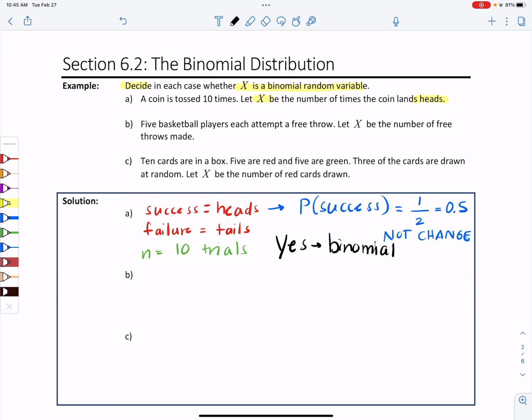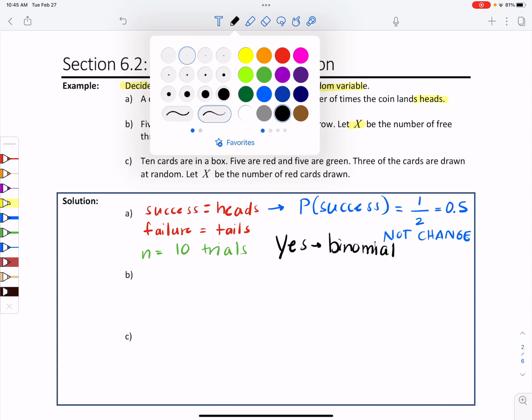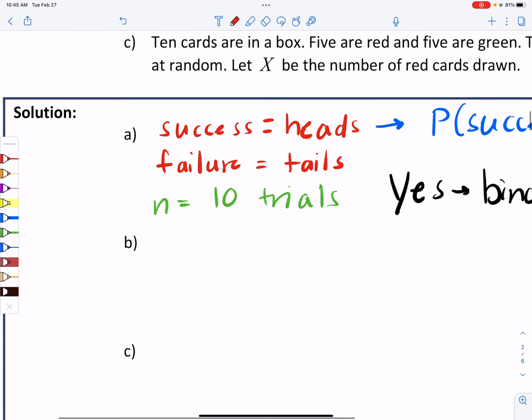All right, so let's go to part B and let's see if we can do the same thing. I'm going to start with my success and failure. So we have 5 basketball players attempting a free throw, and X is the number of free throws made. Okay, so for a binomial, again, the random variable always counts the number of successes.